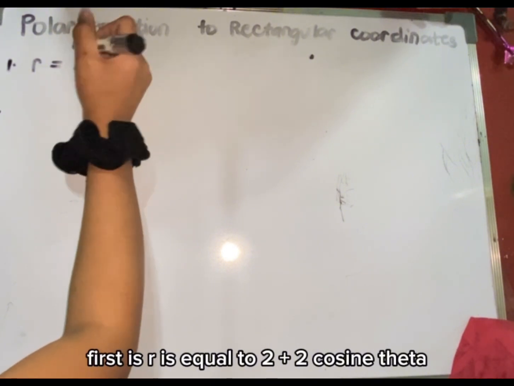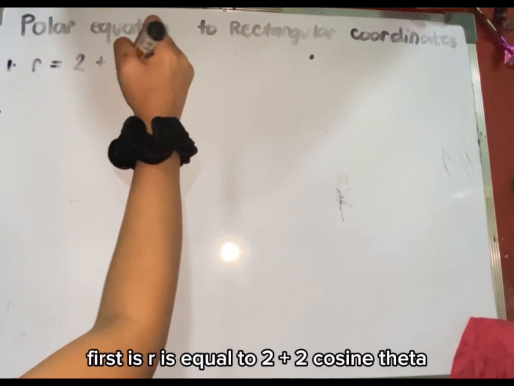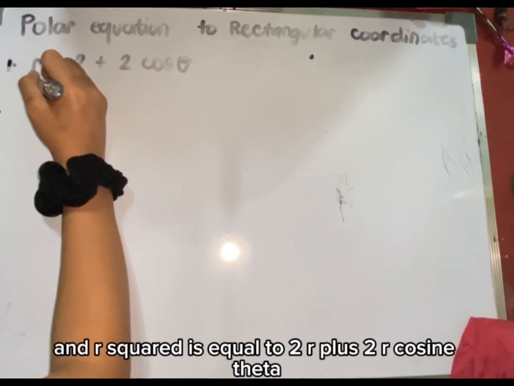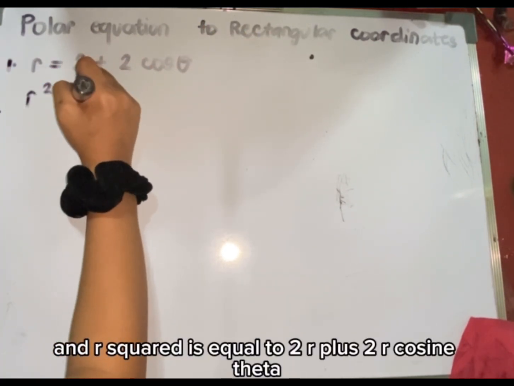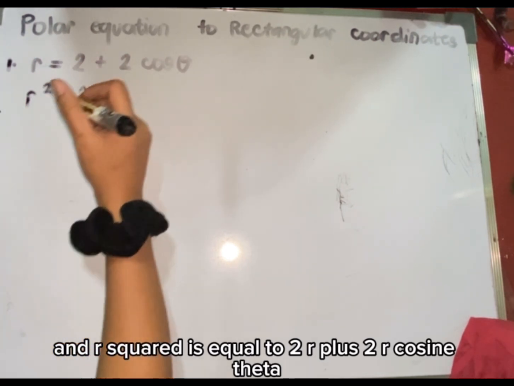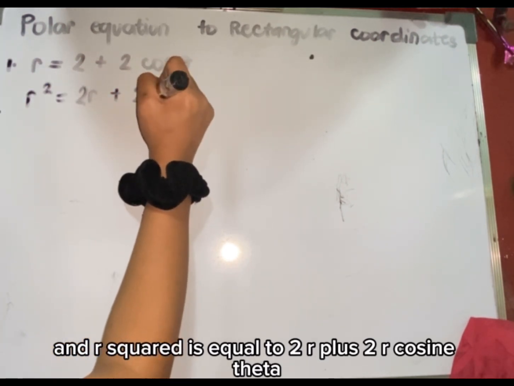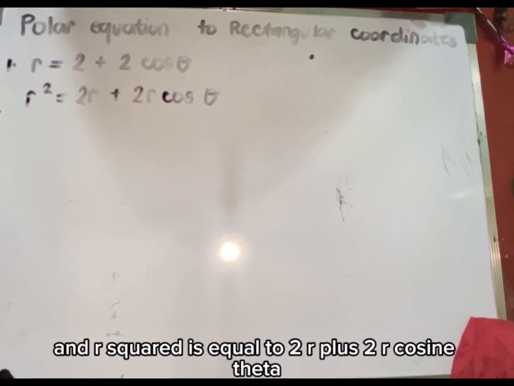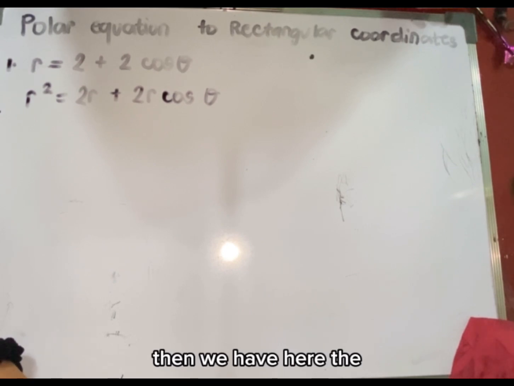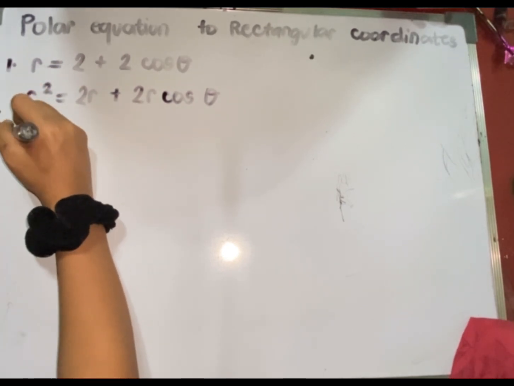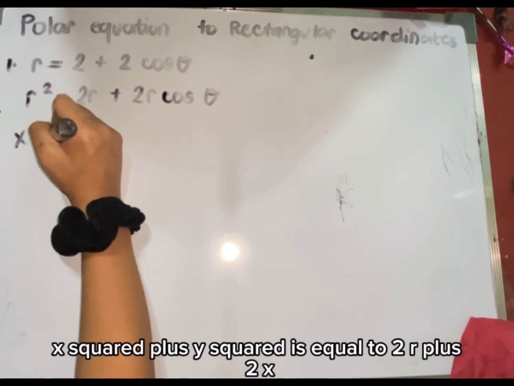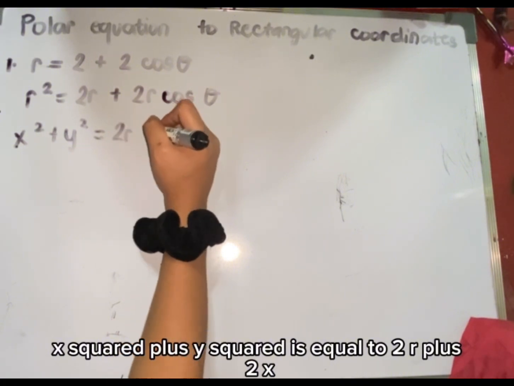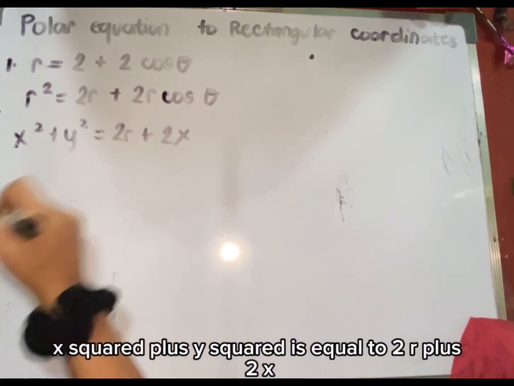First is r equals 2 plus 2 cosine theta, and r squared is equal to 2r plus 2r cosine theta. Then we have x squared plus y squared is equal to 2r plus 2x.